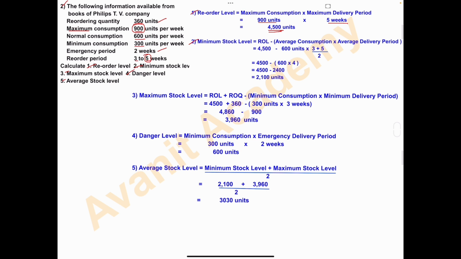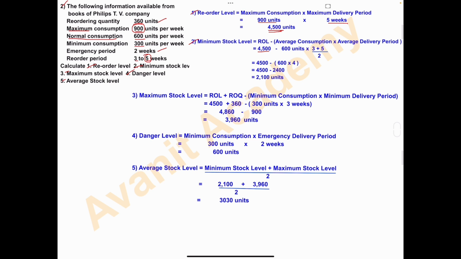Formula is ROL minus average consumption into average delivery period. ROL, that is reorder level, we have just calculated. That is 4,500 minus average consumption. That is normal consumption, average consumption, 600 units per week.